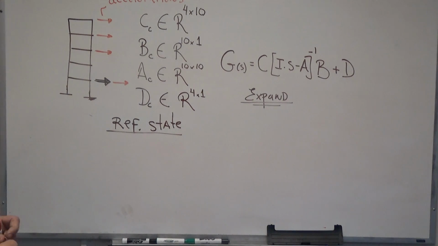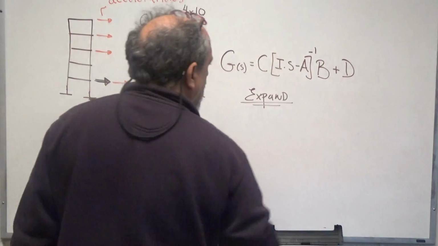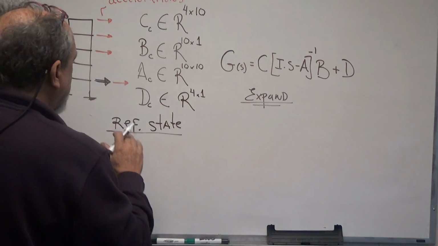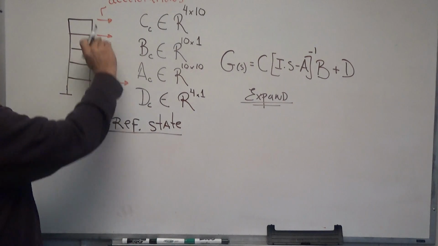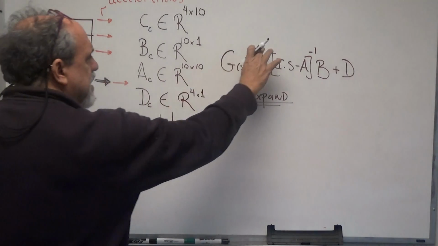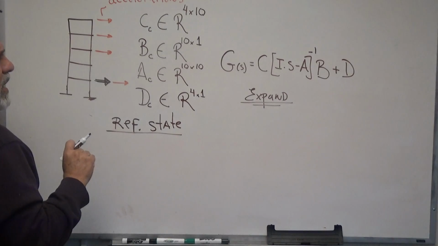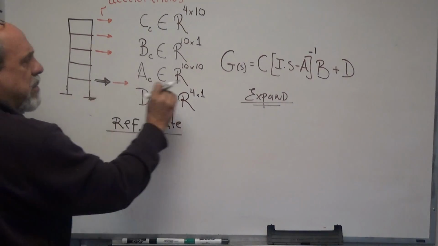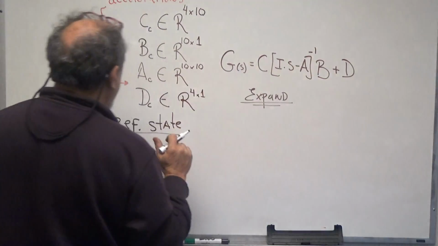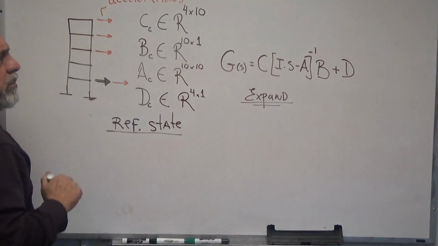So let's say that we go ahead and apply our procedure to expand the matrix. When we finish, in this particular case, there are no inputs by themselves, right? So all that will happen is that the matrix B here will have not one column, but 4 columns, right?